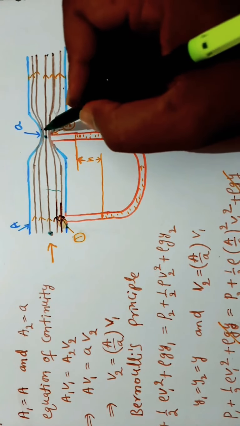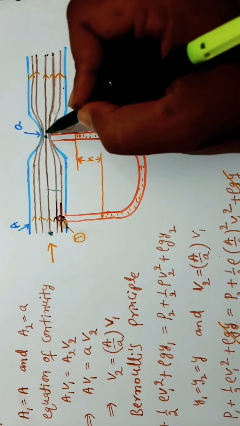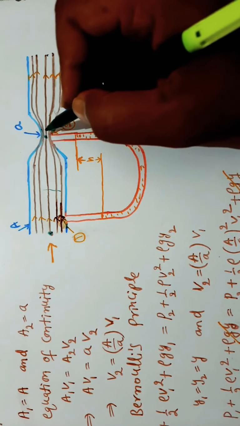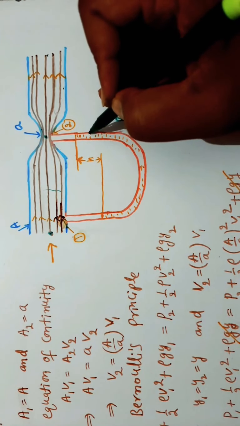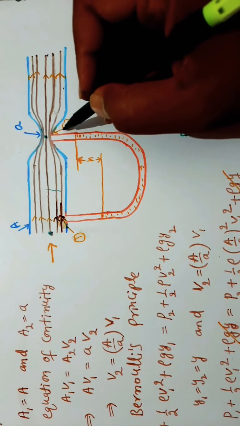So at this area it has low pressure, and due to this low pressure the liquid in the manometer rises upward.